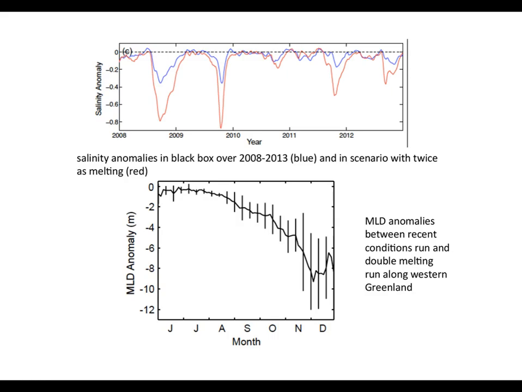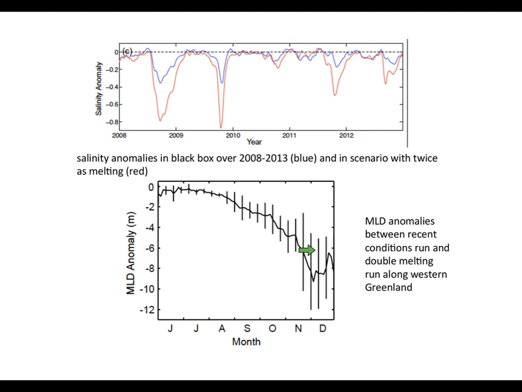Lastly, we have done an experiment where the contribution of the meltwater was doubled compared to today's value, and essentially rerun for the same years, but with twice as much fresh water and twice as much melting. The salinity anomalies are indicated in red for the new runs, while in blue is what has been obtained in the realistic scenario.